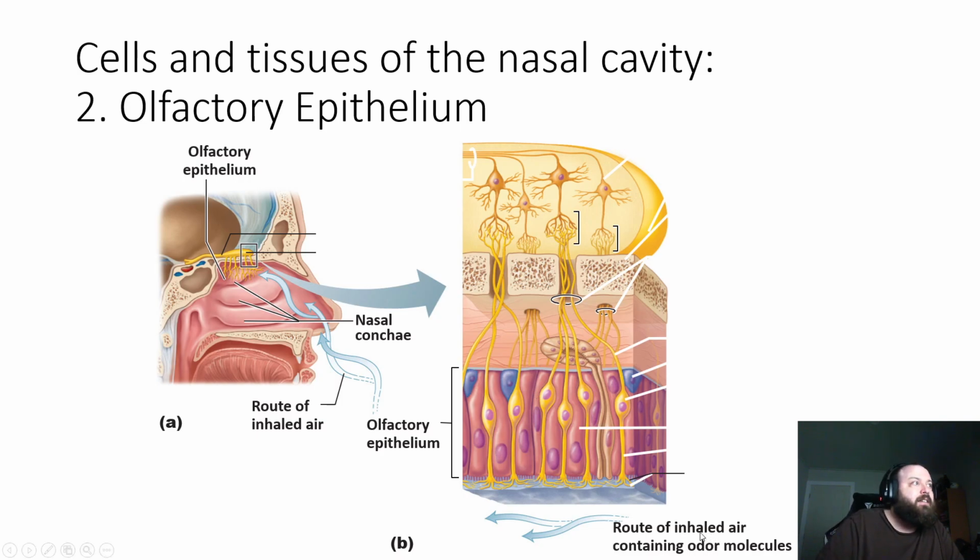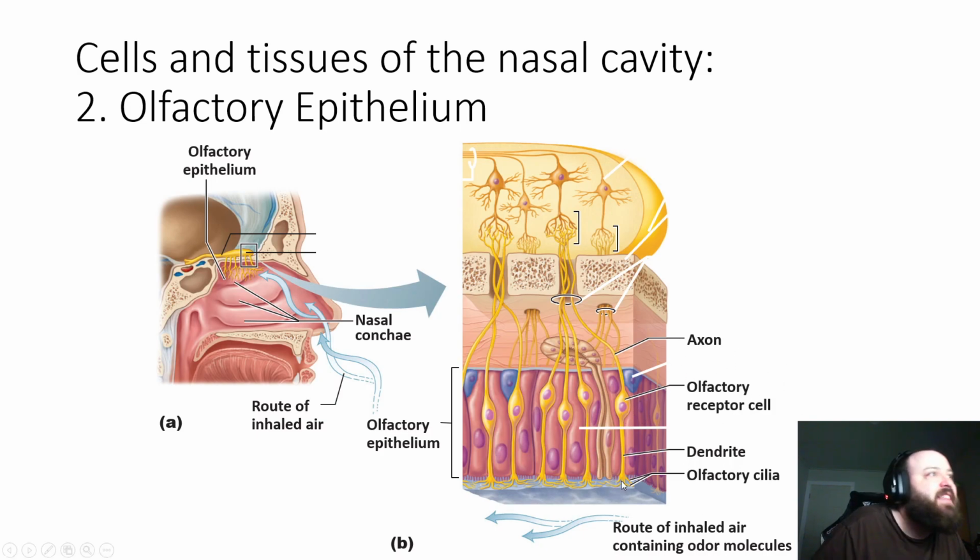The air that's coming through your nose is going to go just underneath the olfactory epithelium. You can see it's a simple columnar epithelium, actually maybe pseudostratified columnar epithelium. And these cells in yellow here are the cells that are actually responsible for detecting smells. These are called olfactory receptor cells, and they have little cilia that are projecting into the nasal cavity, embedded in the mucus of the nasal cavity.